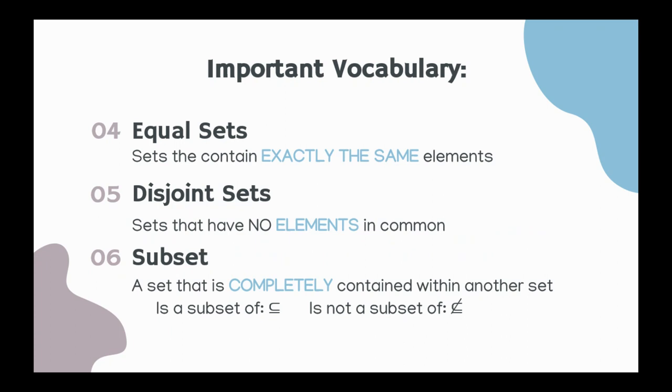Now, a subset is a set that is completely contained within another set. And we use this symbol, it looks like a C with a line underneath of it, to say that it is a subset of, and then this with the slash through it is not a subset of. So a subset is a smaller set that's contained completely within a larger set. So for example, let's say we're talking about students, right?